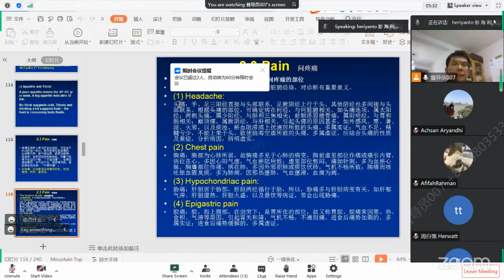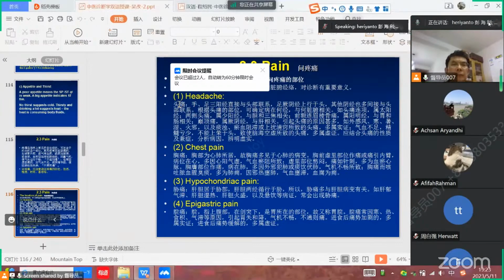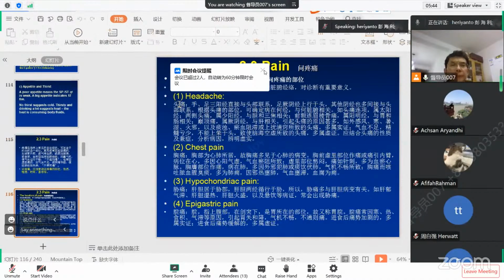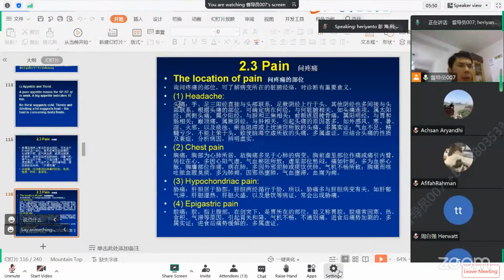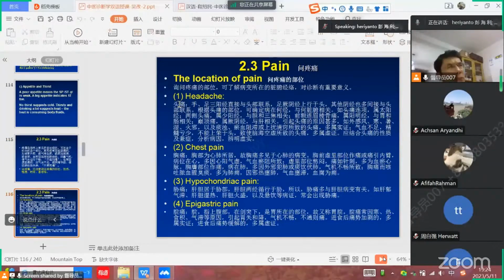Forehead is Yang Ming. The back is Shao Yin, or where is Shao Yin? Wait a minute. The side is Shao Yang. And then the back is Tai Yin or Shao Yin. Tai Yin, I think. Forgot it.